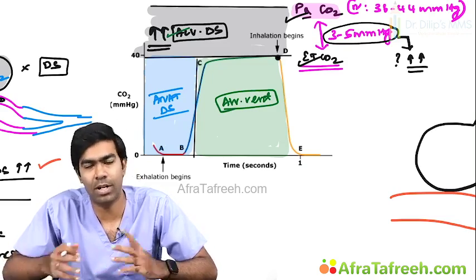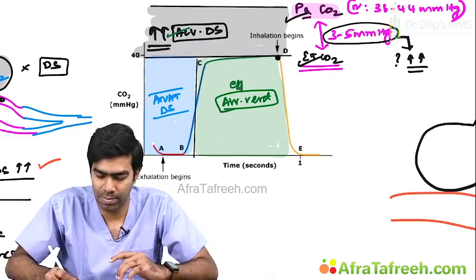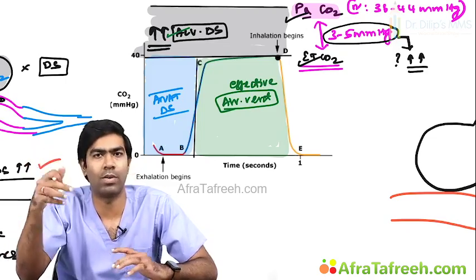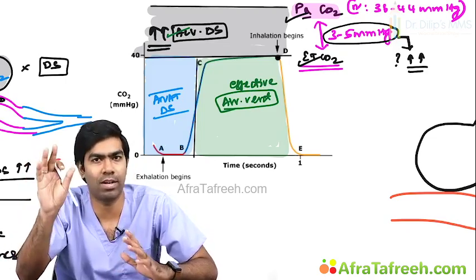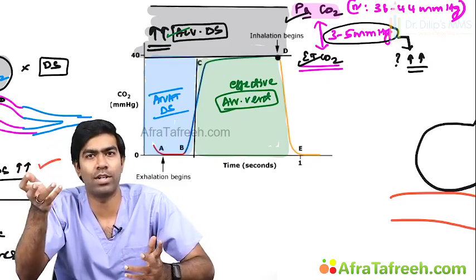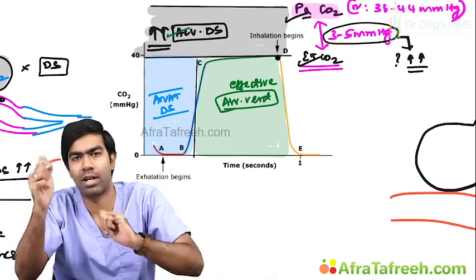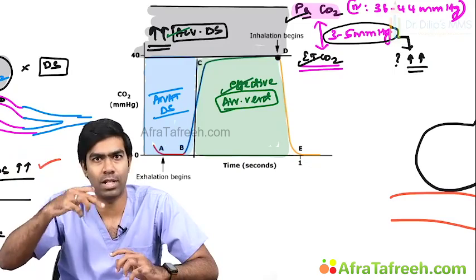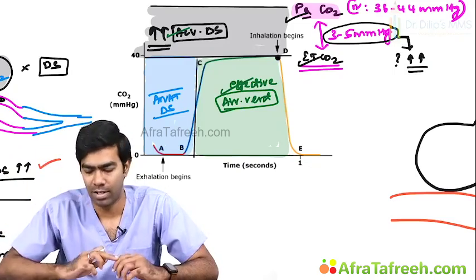The gas is just coming and going out. But this is the place where you are having effective alveolar ventilation. That is the reason CO2 is getting eliminated. Only when the CO2 gets eliminated, it's an effective alveolar ventilation. I told you already in the physiology chapter itself, the name ventilation means carbon dioxide elimination. So this is the place where that graph is forming. That is the place where you have an effective alveolar ventilation.